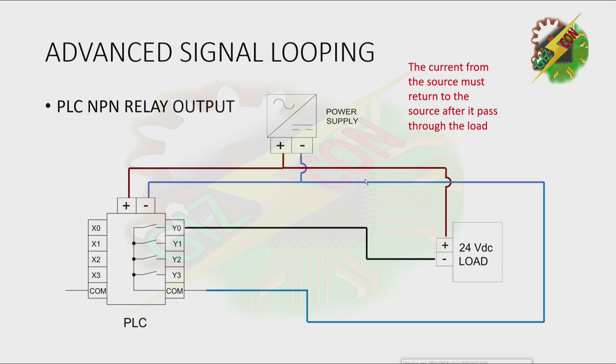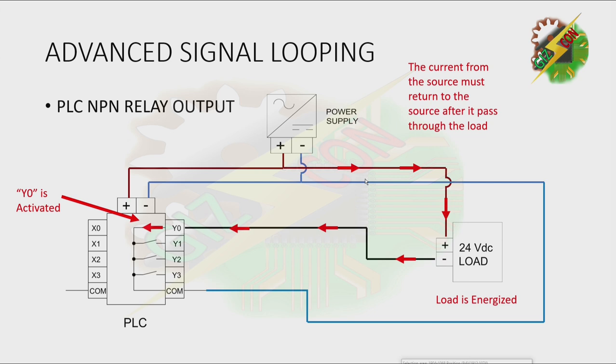PLC NPN relay output. Okay, this current is used to energize our PLC. Y0 is activated. This will allow the current to flow from our positive and our load will be energized.